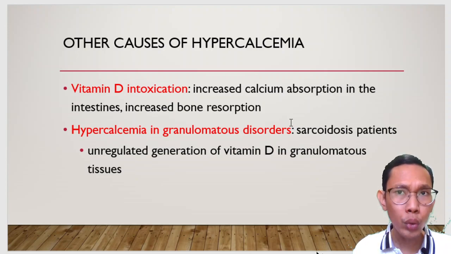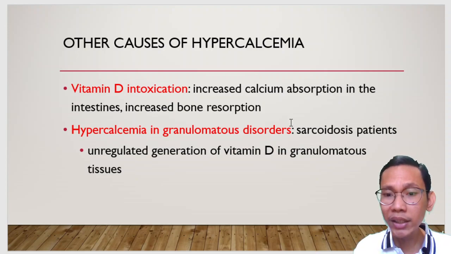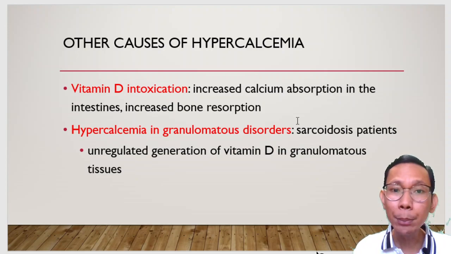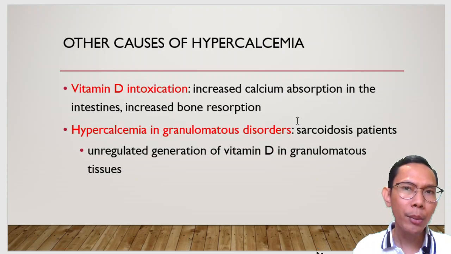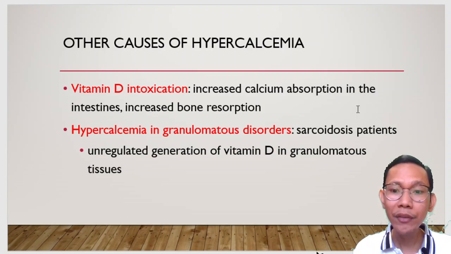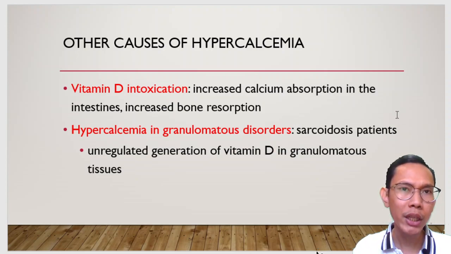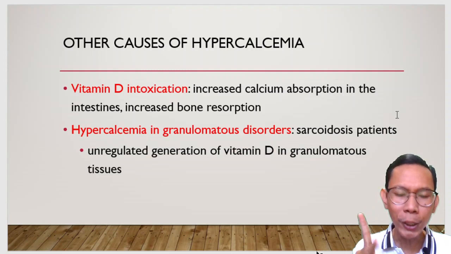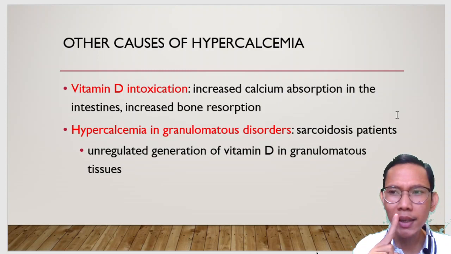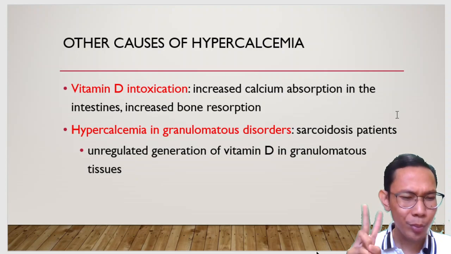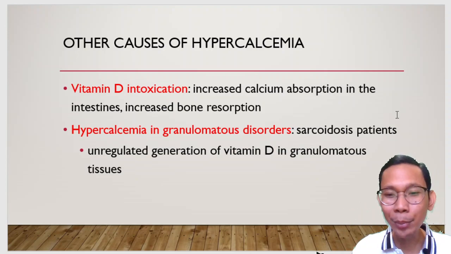Basically, sarcoidosis is an inflammatory disorder that affects multiple organs in the body. But the most common organ affected by sarcoidosis is actually your lungs, and I forgot the other organ system.